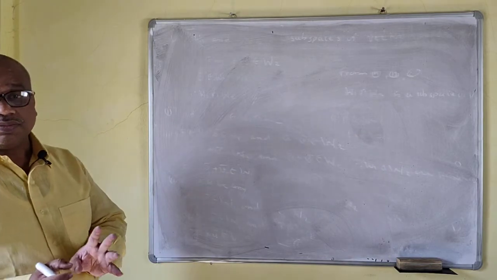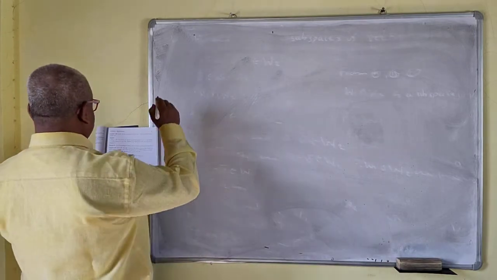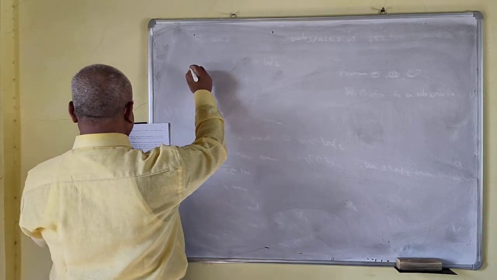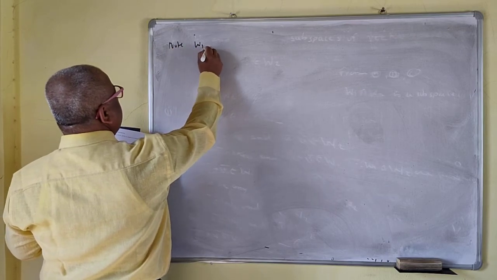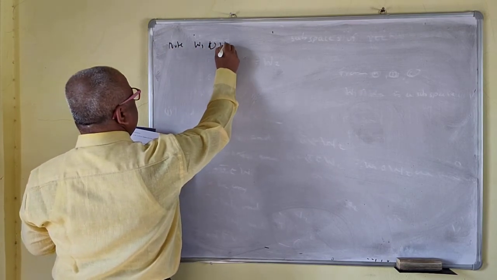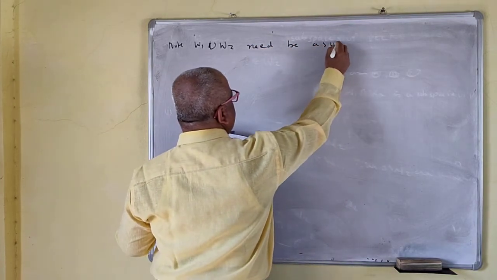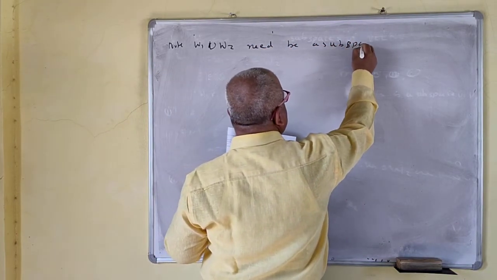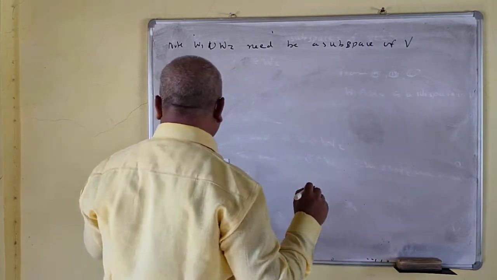But what about the union? That is the problem we will solve. Note: W1 union W2 need not be a subspace of V. We'll take an example.